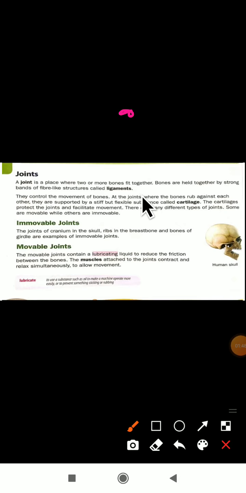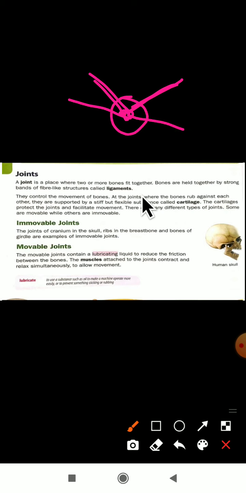If these are two bones, two or more than two bones meet at one place only. This place we call a joint.